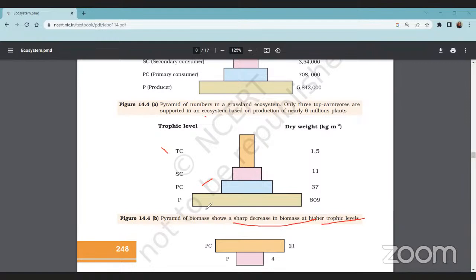These are the producers, and these are the primary consumers, secondary consumers and tertiary consumers. Here it is the dry weight in kilograms, that is the shape of this pyramid.